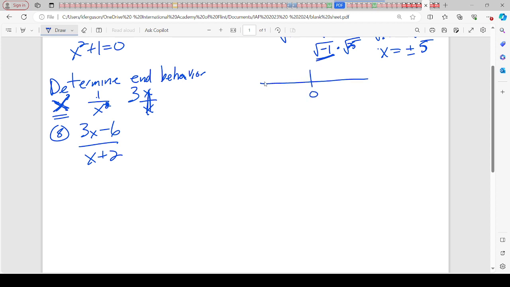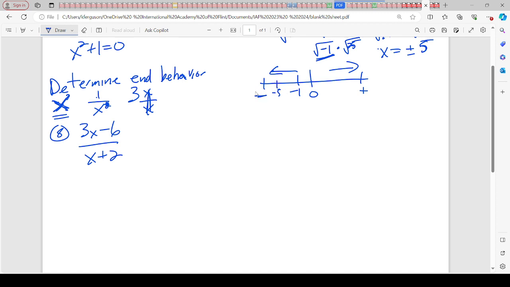I'm going to be plugging in either negative values, so I go to the left and I just keep plugging in negative values, or I'm going to go to the right and I'm going to be plugging in positive values. If I keep plugging in negative values, I just say that x is approaching negative infinity. Because as I go here, the negative numbers end up getting, I know it's a little crazy to say, bigger, even though negative numbers don't really get bigger.